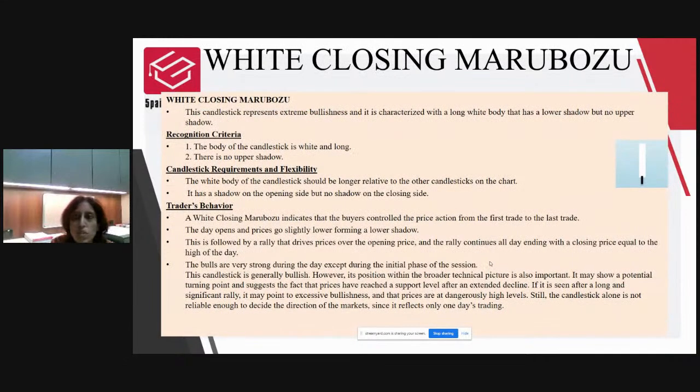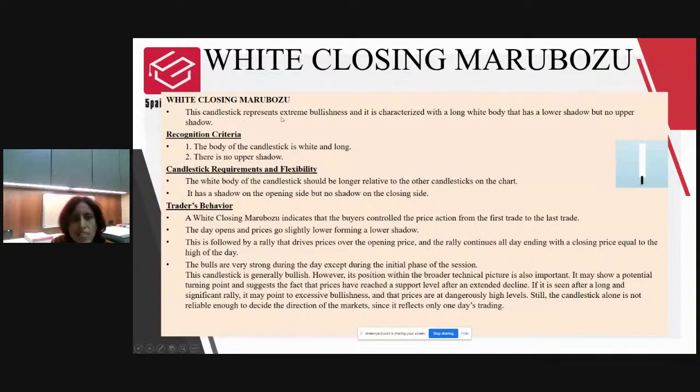Next we come to white closing MARUBOZU. And why is it referred to as white closing? Because here you are seeing the wick or the shadow on the opening side of the market.